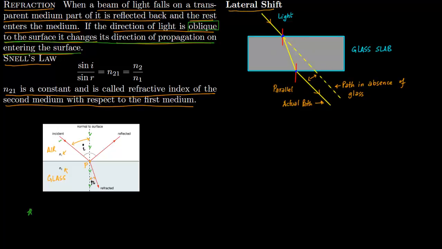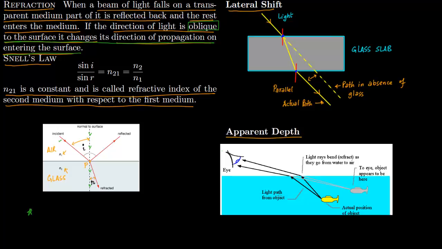Now we talk about apparent depth. Suppose there is a fish or submarine in the water, and your eye is right here, and you're looking down at it. The light coming from the submarine goes up and gets refracted on the surface, and then it enters the eye.